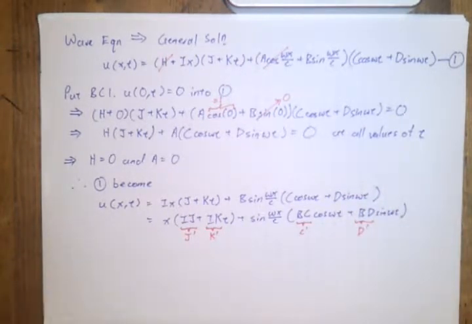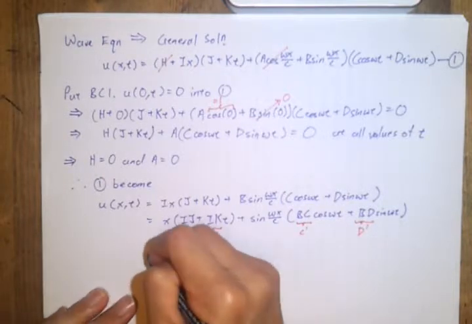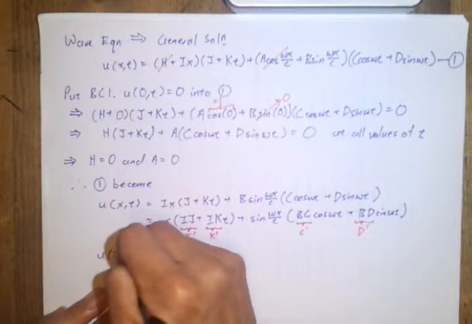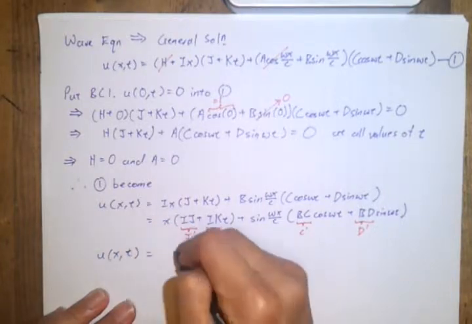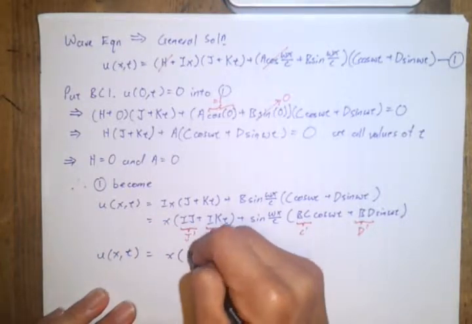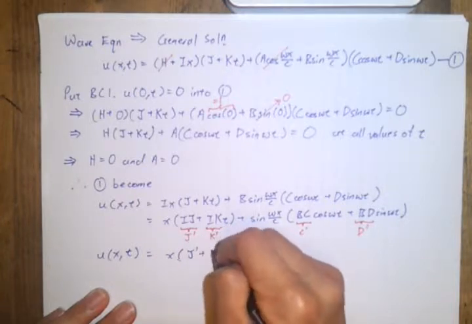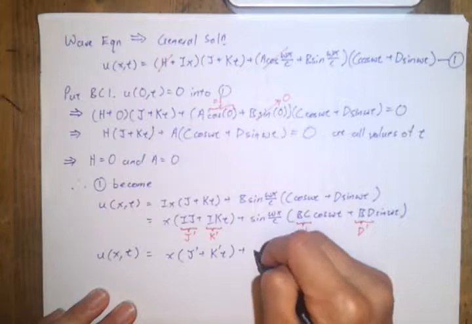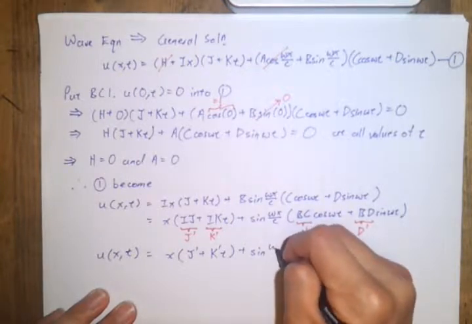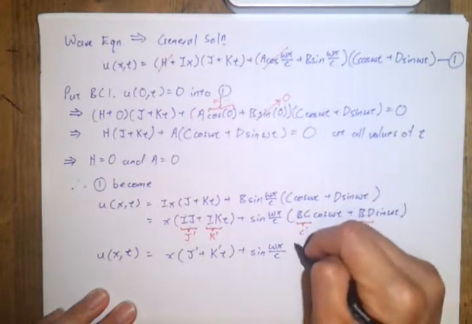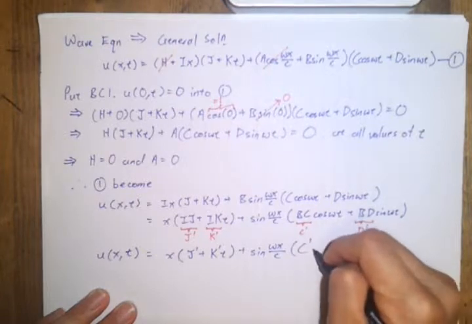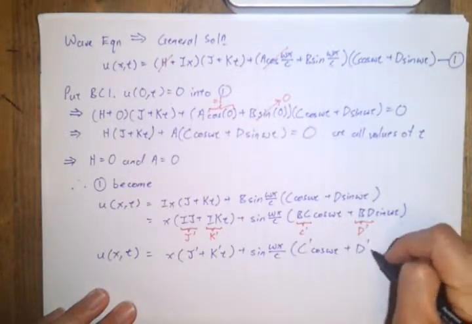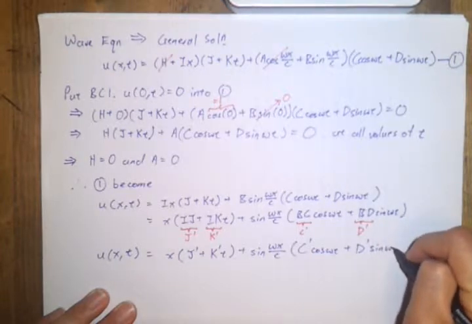Okay? So then this gives me u, my new solution, is x j prime plus k prime t plus sine omega x over c, c prime cos omega t plus d prime sine omega t.